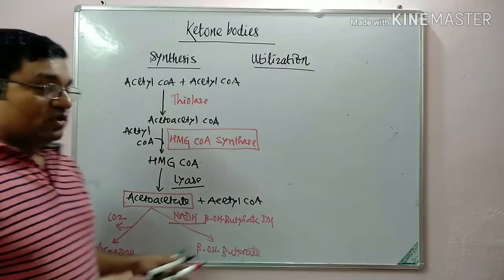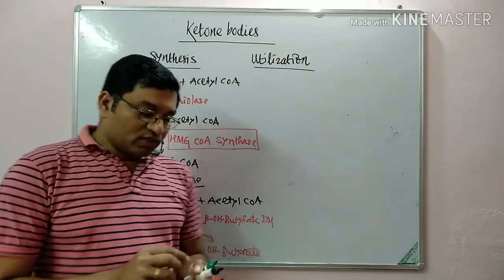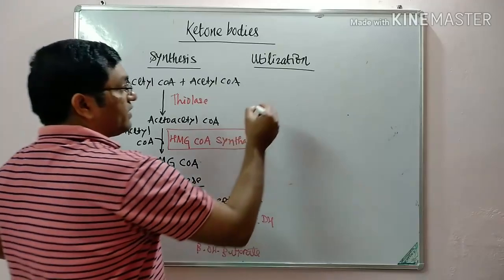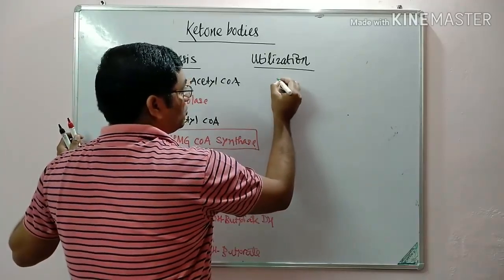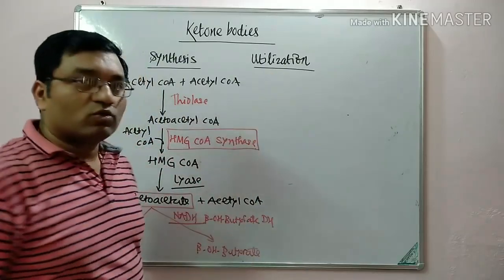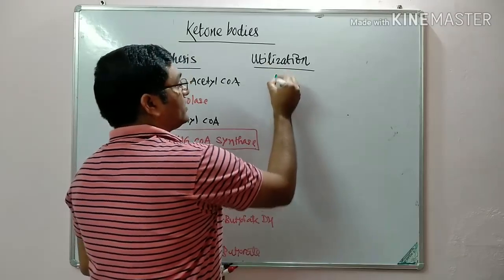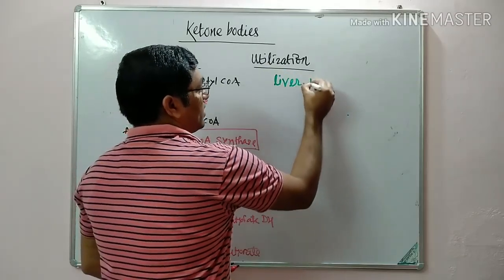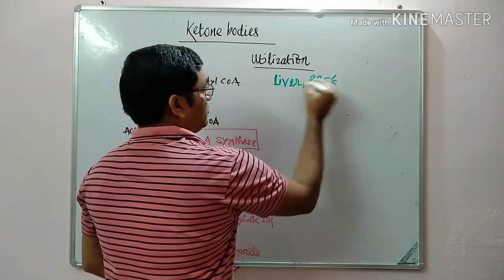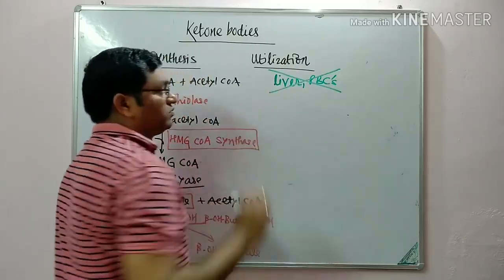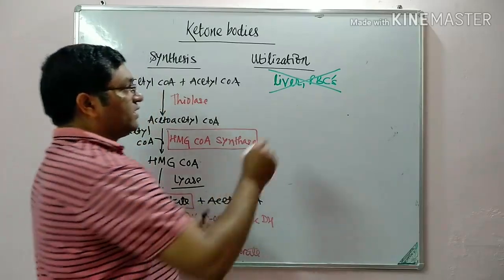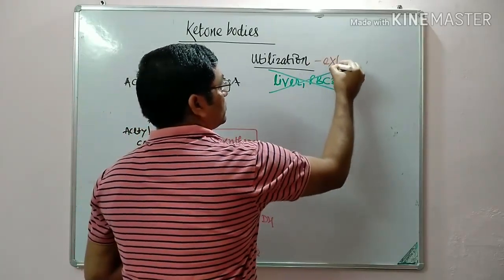Now coming to the utilization of ketone bodies, it occurs in the extrahepatic tissues. It is not utilized by the liver and RBCs.